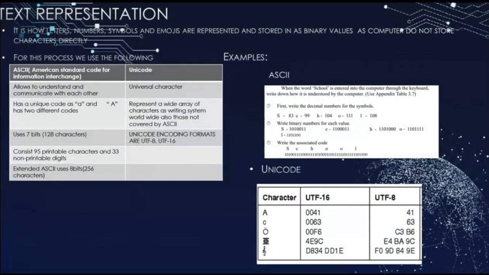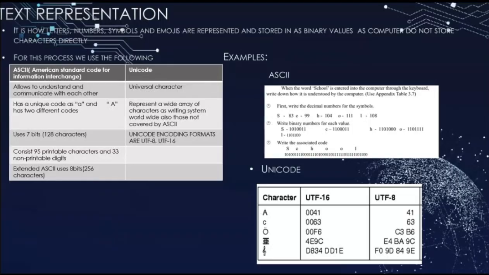Text representation. It is how letters, numbers, symbols and emojis are represented and stored as binary values, as computers do not store characters directly. For this process, we use the American Standard Code for Information Interchange, ASCII, and Unicode. ASCII allows computers to understand and communicate with each other.